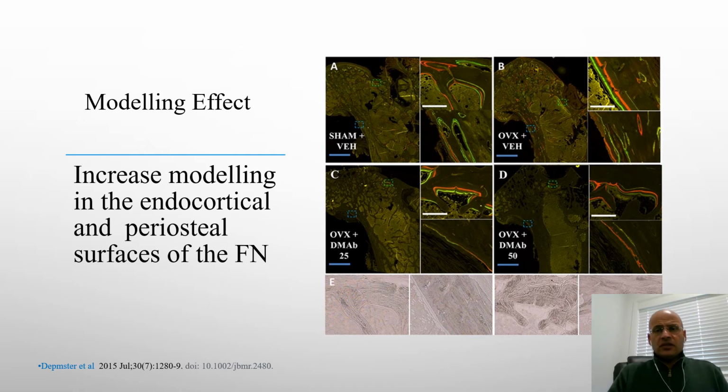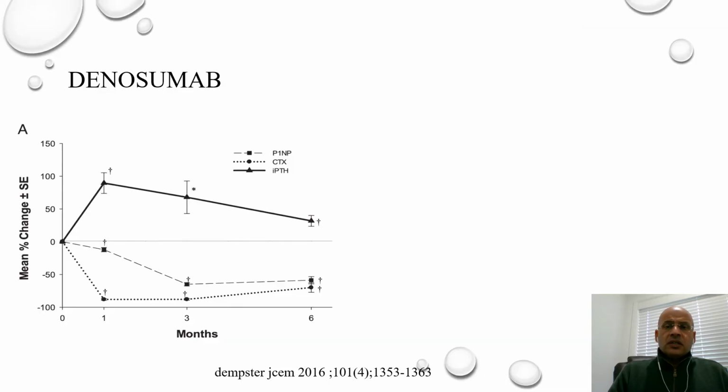They noticed actually the yellow line, which represents newly formed bone, was identified in the endocortex of the animal where they tried the denosumab. So the question was raised: is denosumab a dual anti-resorptive and anabolic agent?